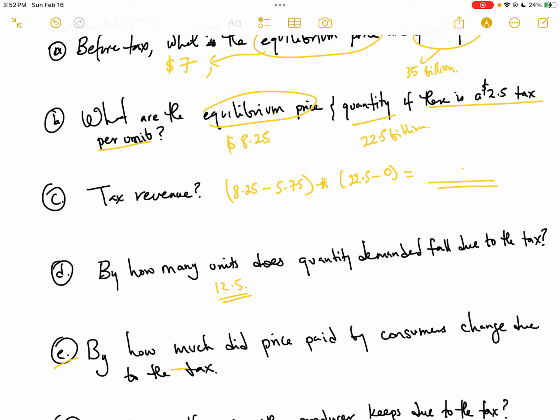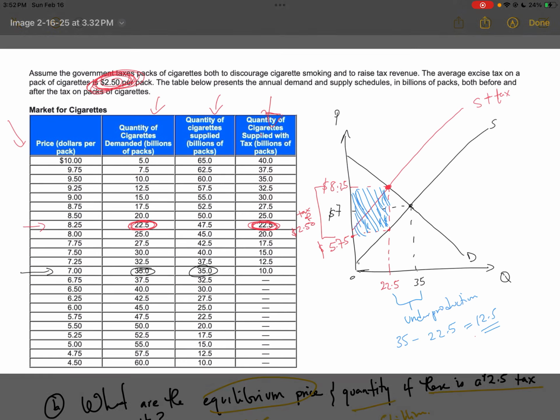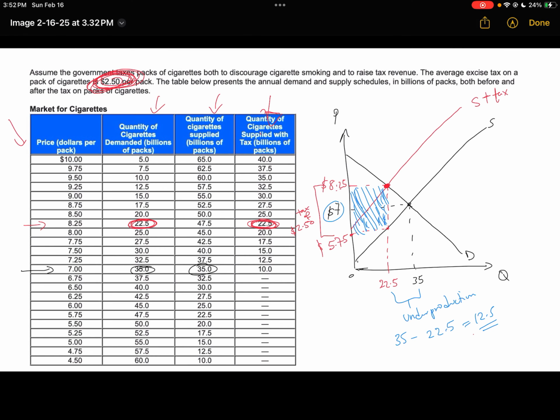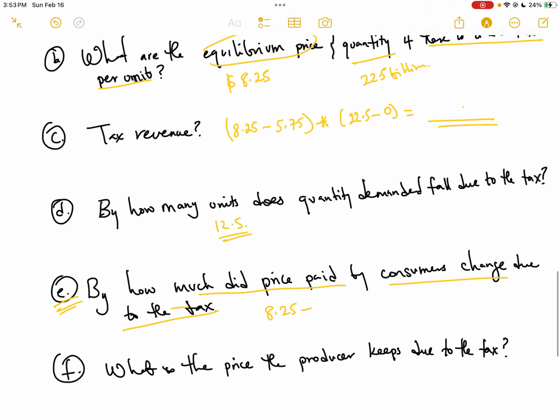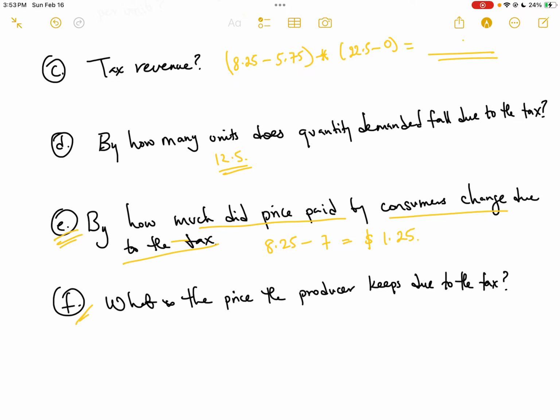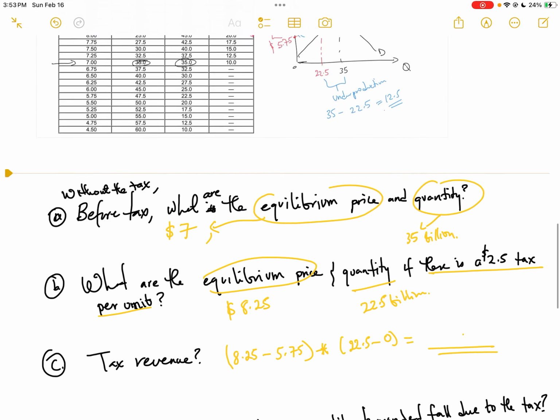That's E now. By how much did price paid by consumers change due to the tax? So here you're going to compare the price that consumers paid before the tax, $7, and the price they paid after the tax, 8.25. You see, so consumers saw an increase in price. Okay, let's see here. We'll write our answer: 8.25 minus $7, and so the change in price for consumers is $1.25.